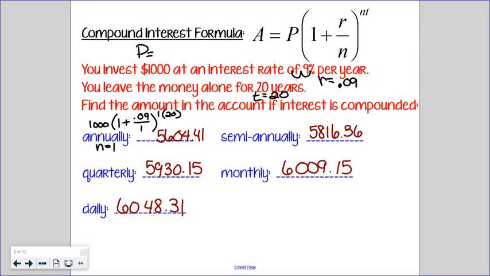Remember, if you are not getting those numbers up there, did you change both places that N should be in your equation? Commonly forgotten is that second place up here in the exponent. If you are not getting the number that I have up there, that's what I would check. If you still aren't getting the number that I have up there, please let me see your calculator.